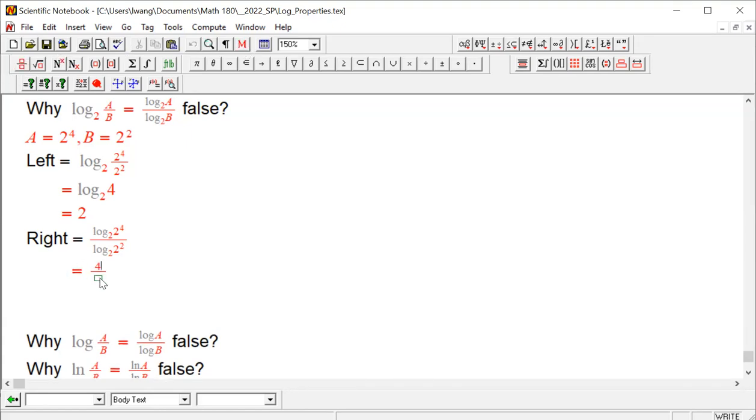The bottom is equal to 2. And in this case, they're actually equal. Oh my God. But this is true once, does that mean it's true? False once is false. Is true once true? See, true once may not be true.